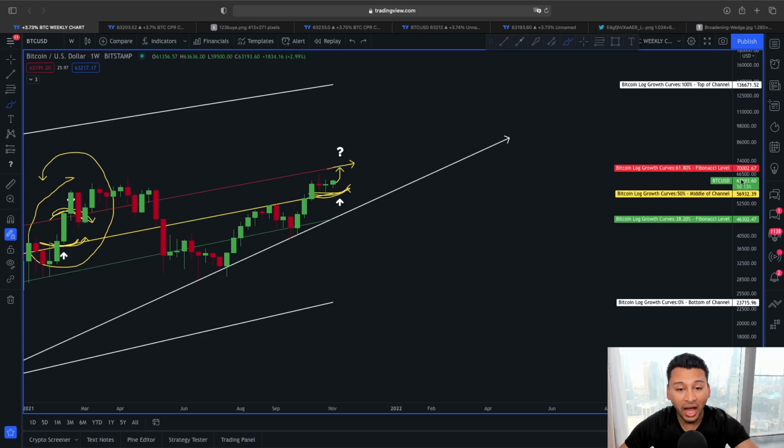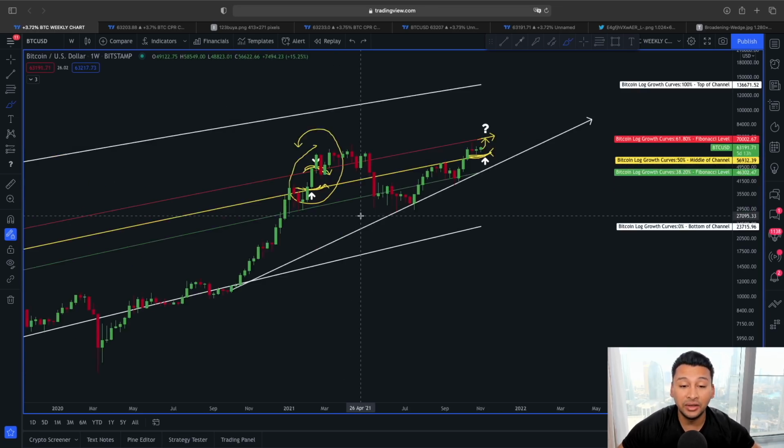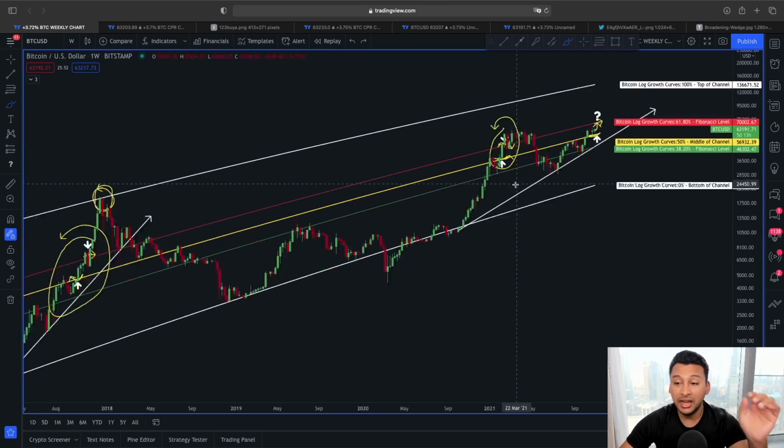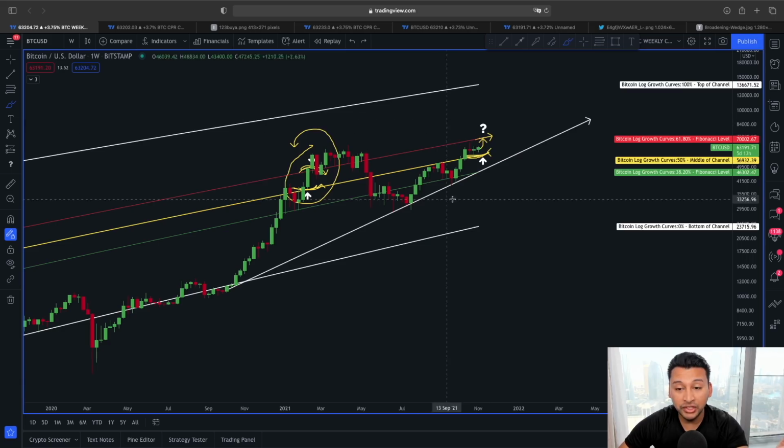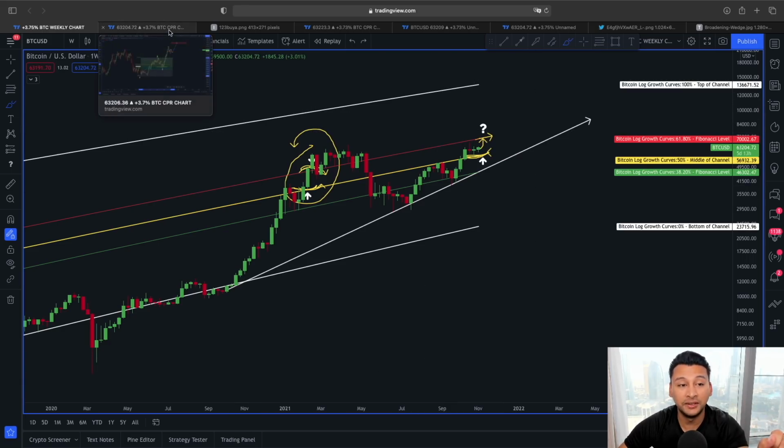So let's see how the price of Bitcoin is going to approach, because we are already above this Bitcoin logarithmic growth curve of 50%, which is also a clear bullish scenario in a bigger time frame for Bitcoin. And not just this 61.80, which is pointing out right now that 70,000 could be on the line, but also if you look at this one chart here.